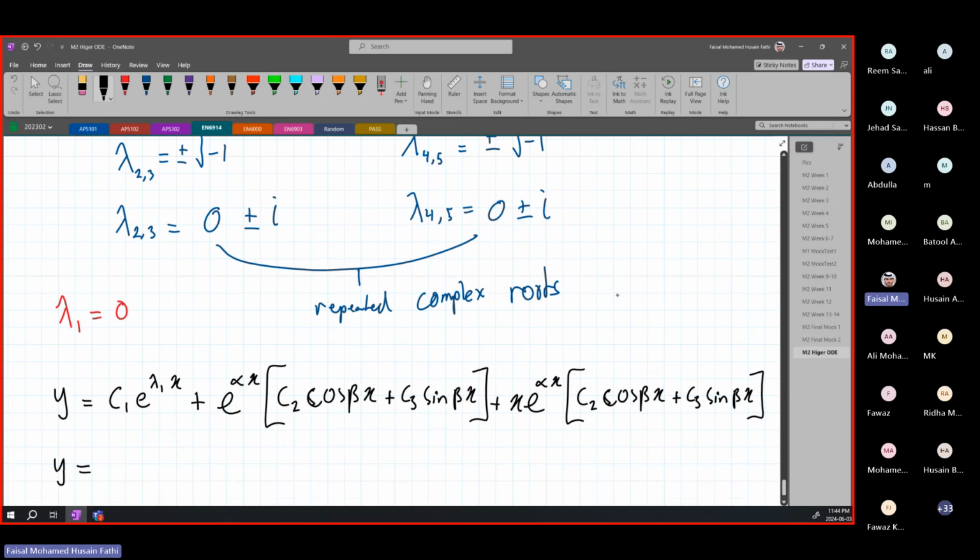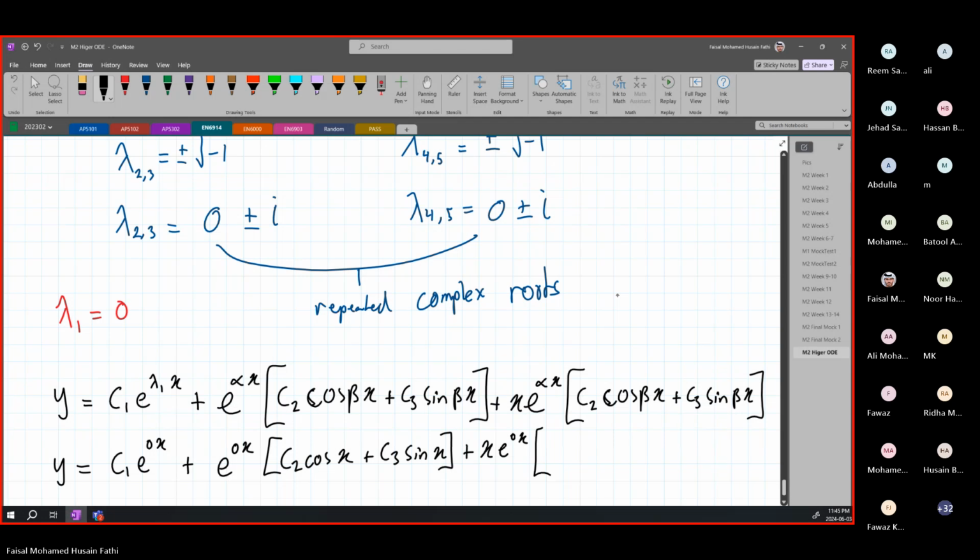Okay? So in this case, we have multiplied it with x, and now we can just plug in our values for each. Lambda here is 0, so c1 e to the 0x, plus alpha is 0, so e to the 0x, c2 cosine, beta is 1, so I'm just going to write it as x, plus c3 sine x, plus x e to the power 0x, which is our alpha, c2 cosine x, or this isn't c2 and c3, sorry, this is going to become c4 and c5, because we got to c3, so this is going to be the next constant, which is c4, and this is going to be the next constant, which is c5.